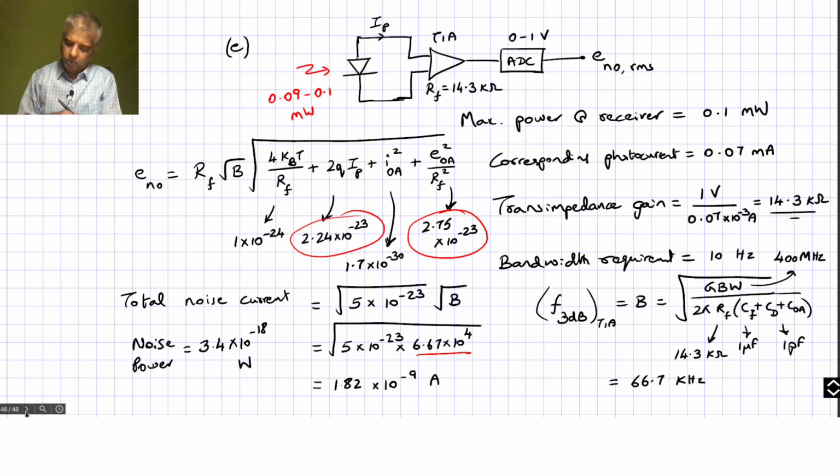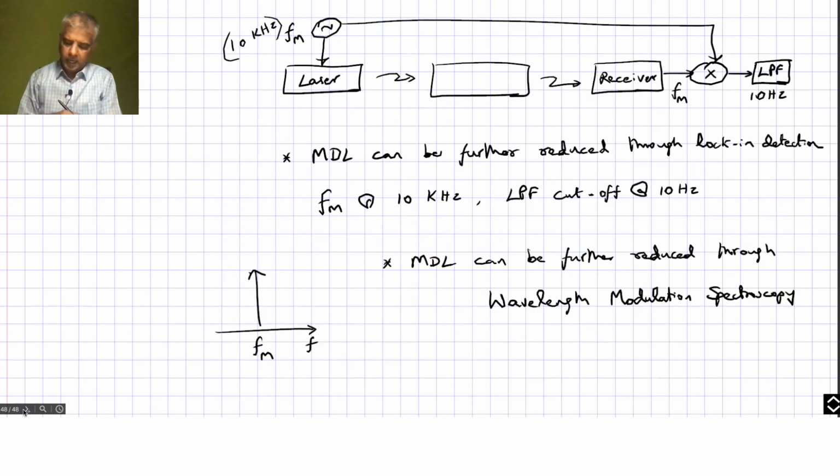If you lock into that, then you can basically have a zero background. So essentially you do wavelength modulation spectroscopy where modulation is done at FM, and then you do detection at 2 FM.